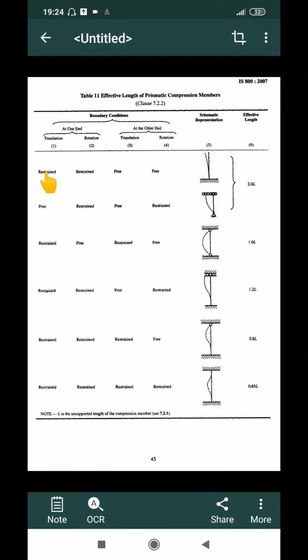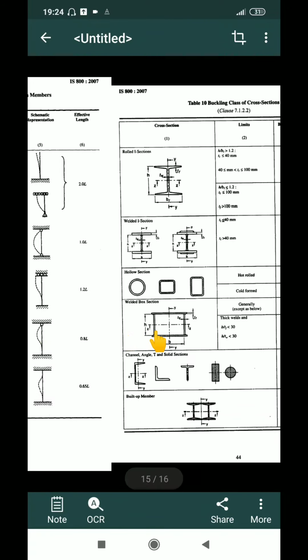Suppose for different end conditions or boundary conditions, like one end is fixed, other end is free, effective length is 2 times the actual length. Suppose both the ends are fixed type, effective length is 0.65 times the actual length. So this table is useful for design of a column.